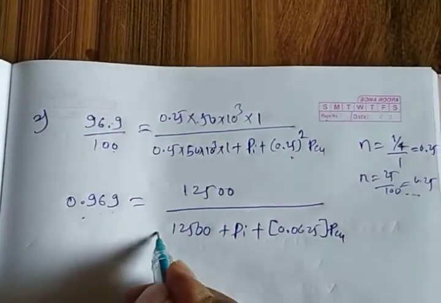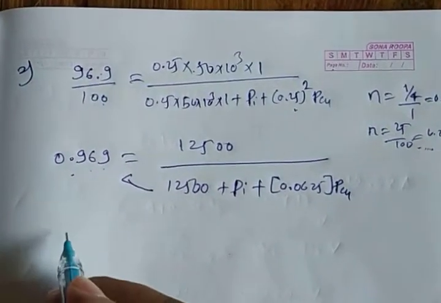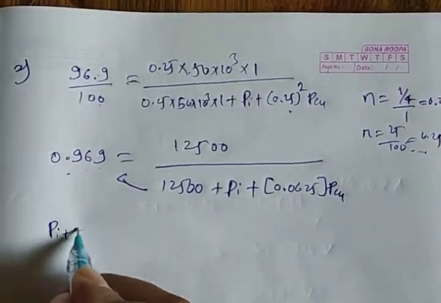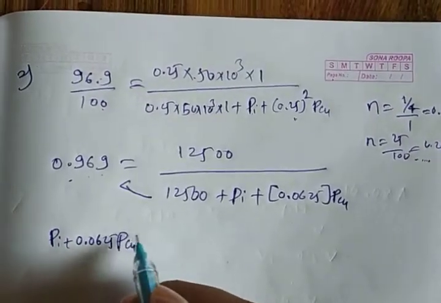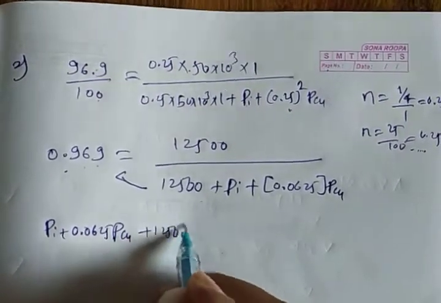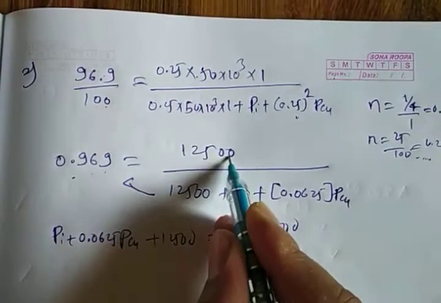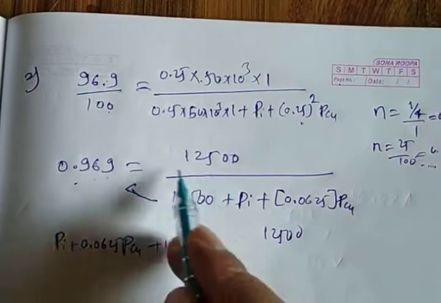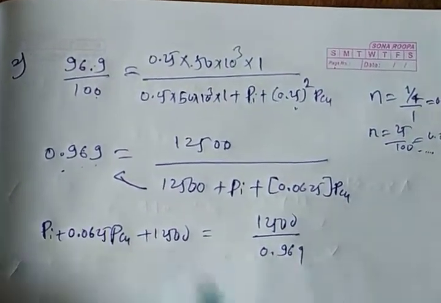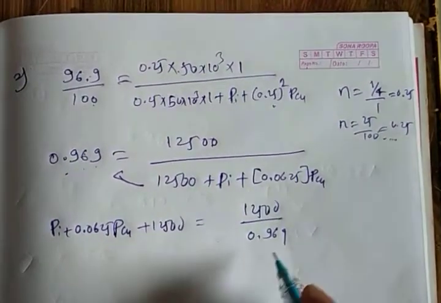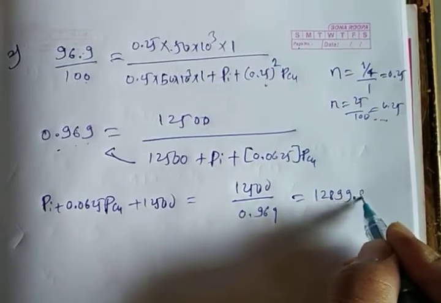So now cross multiply this. You will get 0.969 times Pi plus 0.0625 PCU plus 12,500, this whole equation is equal to 12,500. This value, if it comes here, it will be division by 0.969. So you will get 12,899.89.